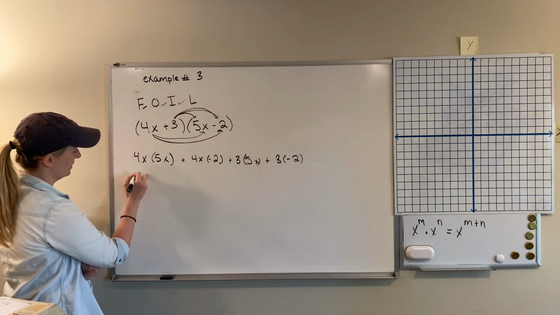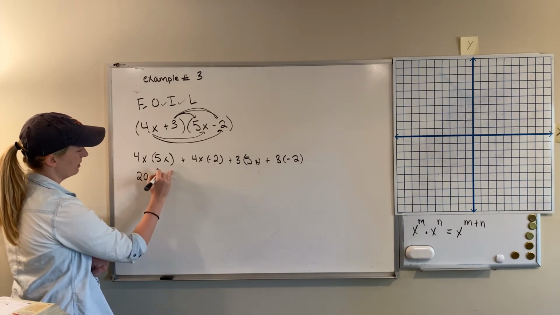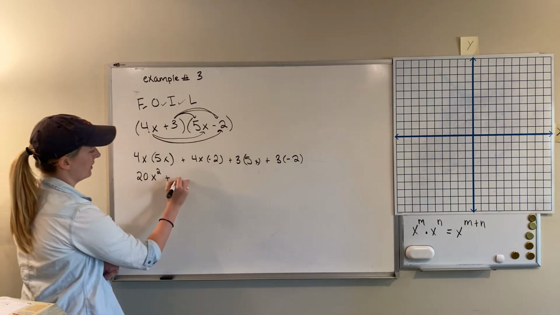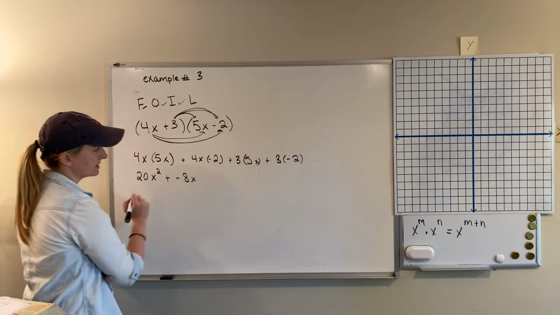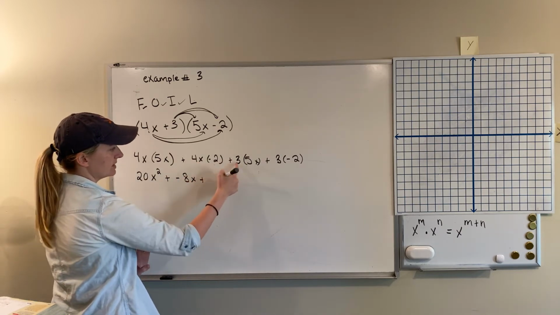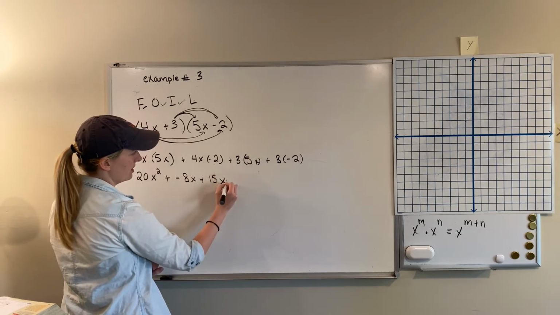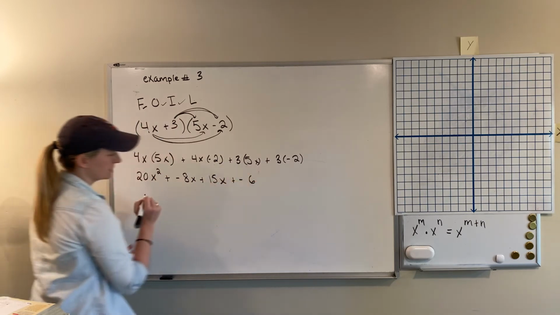4 times 5 is 20. X times x is x squared. Plus 4 times negative 2 is negative 8. There's no second x, so we just tack on that first x. Plus 3 times 5 is 15. Only one x, so we tack it on. Plus 3 times negative 2 is negative 6.